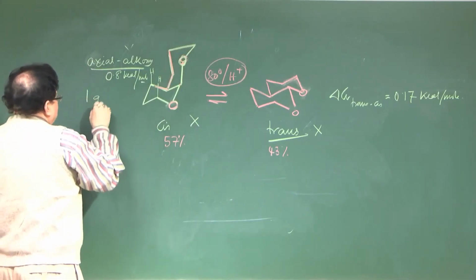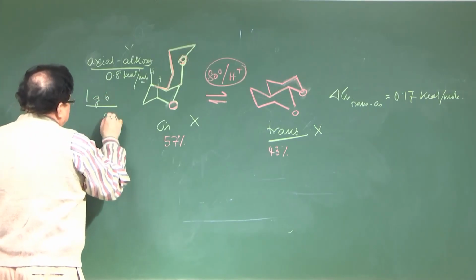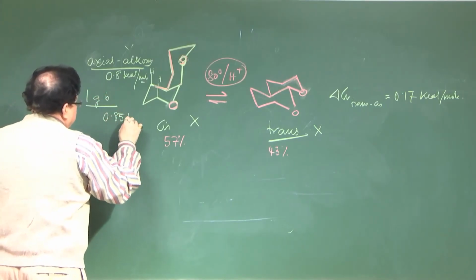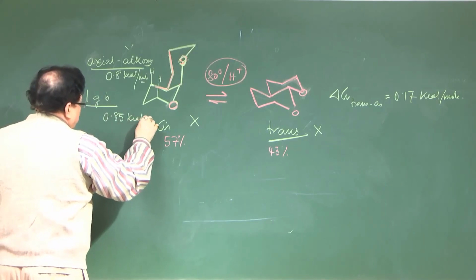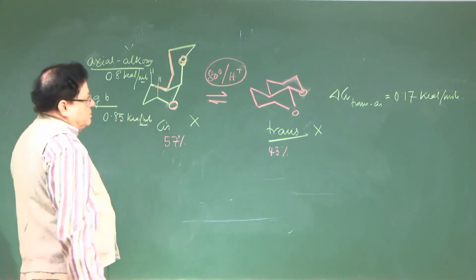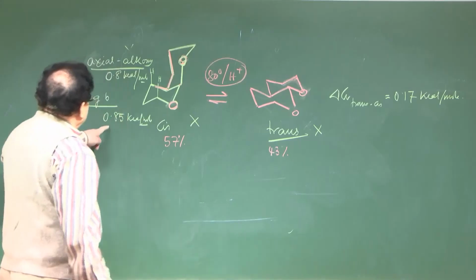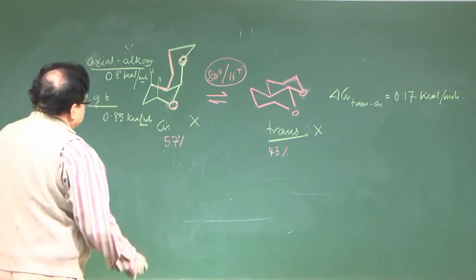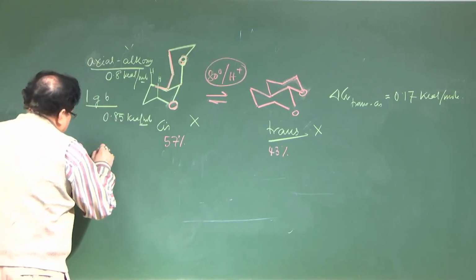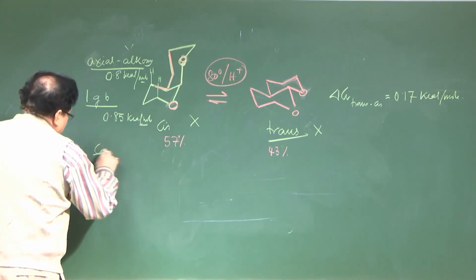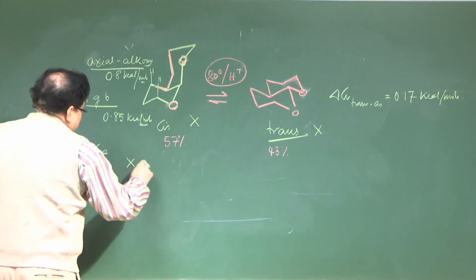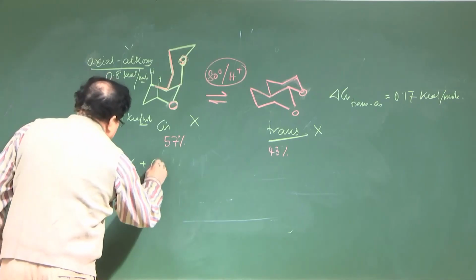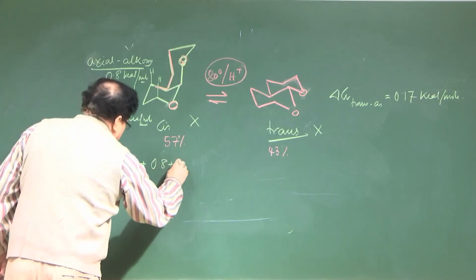So, 1 GB gives 0.85 kilocalorie per mole. These are the values which have to be added to X. So, for the cis, the energy will be X plus 0.8 plus 0.85.